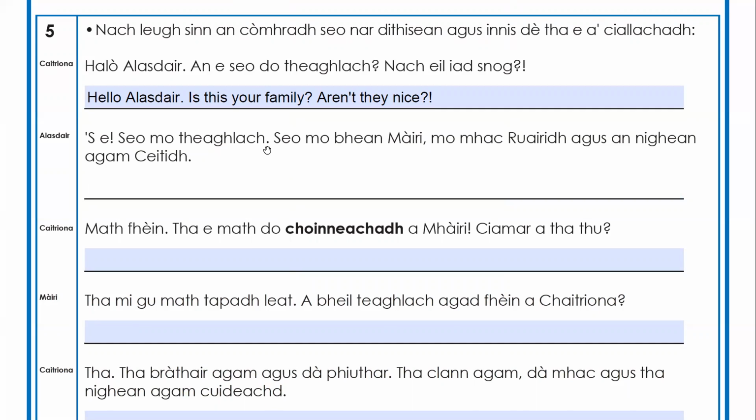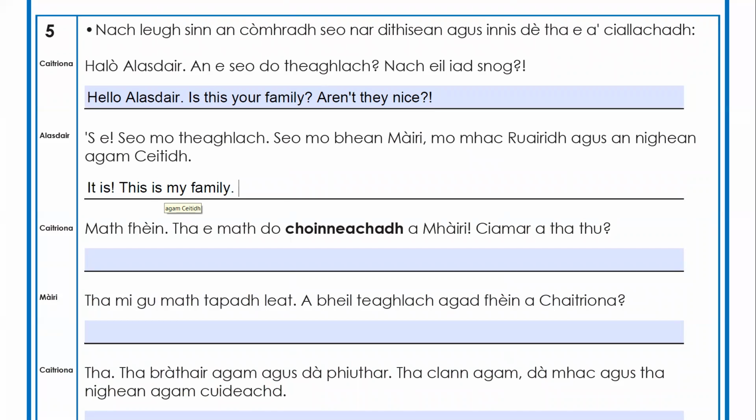Seo mo theaghlach, seo mo bhean, Mairi, mo mhac, Ruaidhri, agus an nighean agam, Katie. So yes, seo mo theaghlach, this is my family.